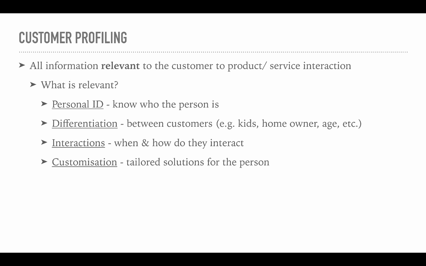Then you need to ask questions, either on your Burberry 360 or store card or the one-off interview, which differentiates you from other people. So do you have kids? Do you have a home? What age are you? What's your income? Maybe if you're thinking about fashion as a lifestyle brand, you want to get into what kind of lifestyle they are. So it could be, when you go out, what kind of evening do you go for?